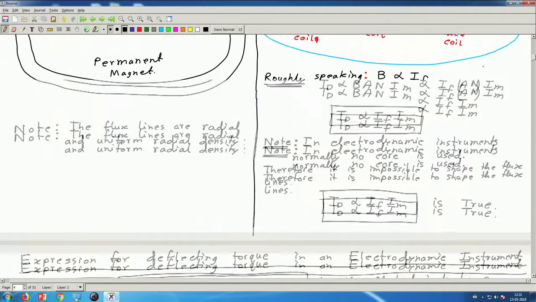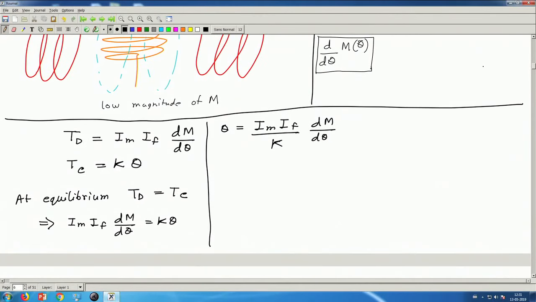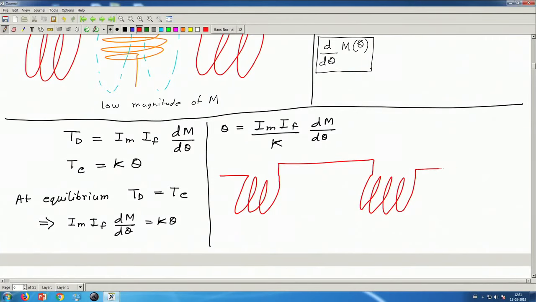So, a simpler way of using this instrument is to connect the two sets of coils both in series. So, let this be my fixed coil, and let this be the moving coil. I will connect both in series, like this, and I will pass the same current I through both of them.